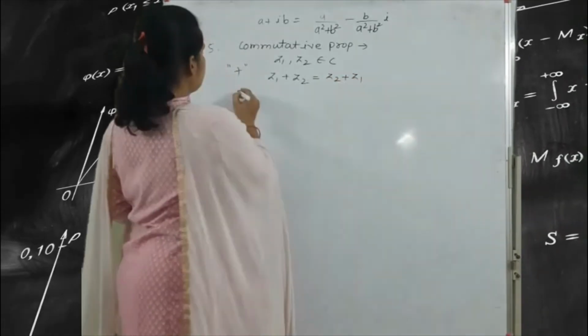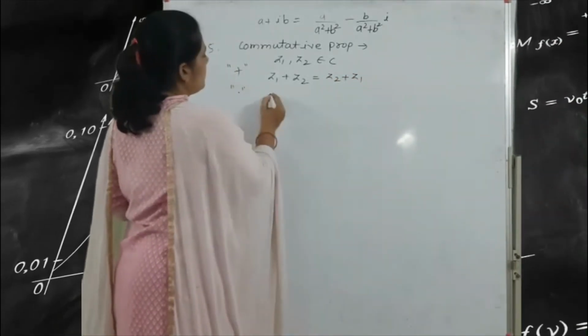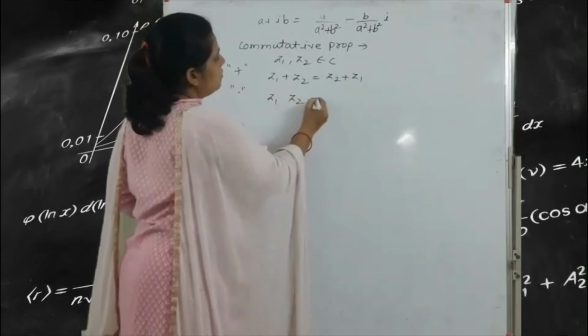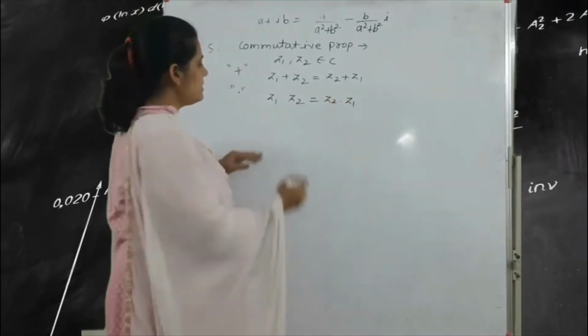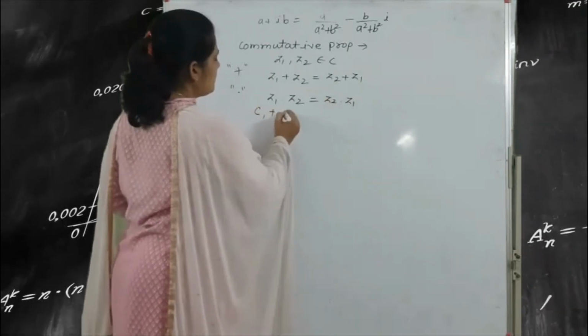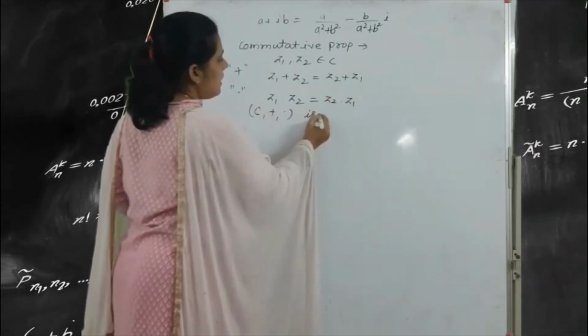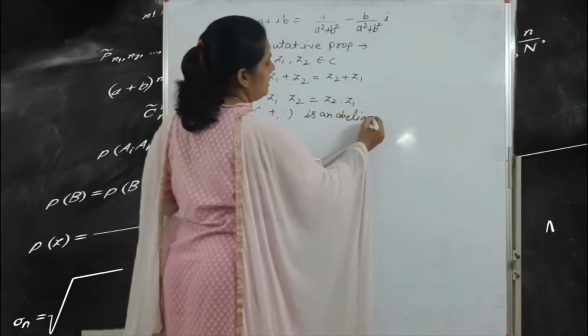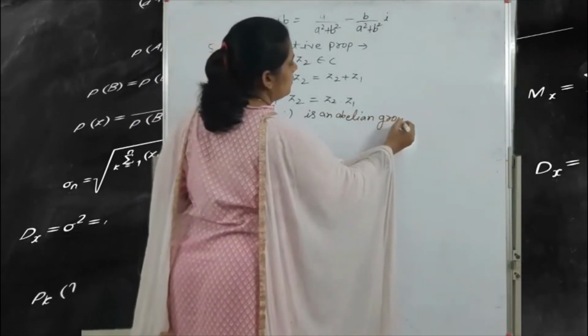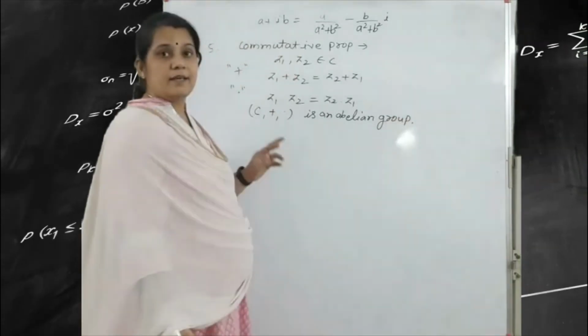And with respect to multiplication, Z1 into Z2 is equal to Z2 into Z1. That means C with plus and dot is an abelian group.